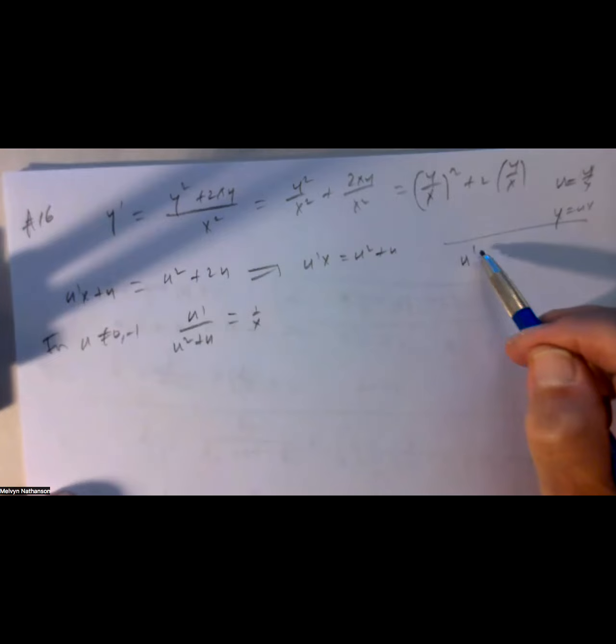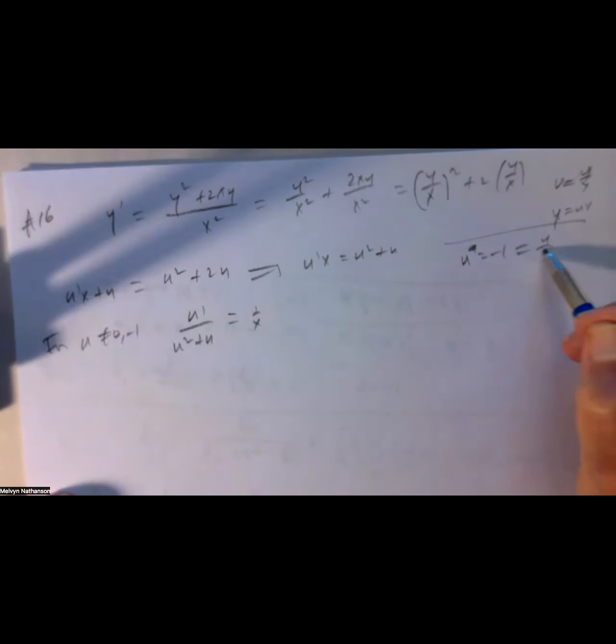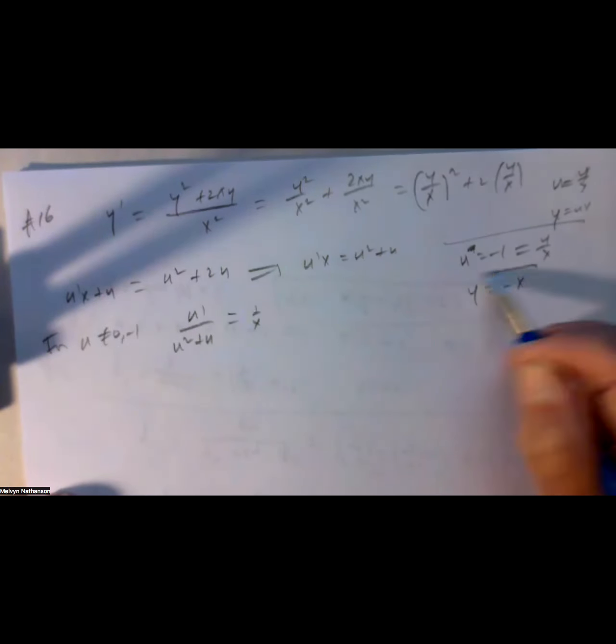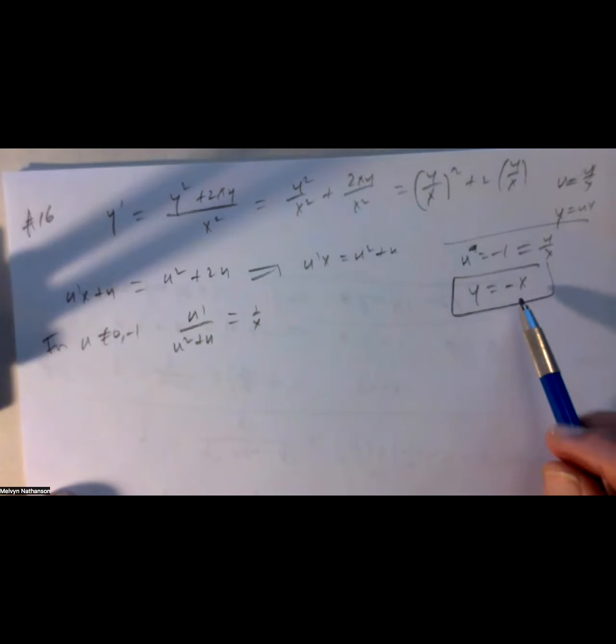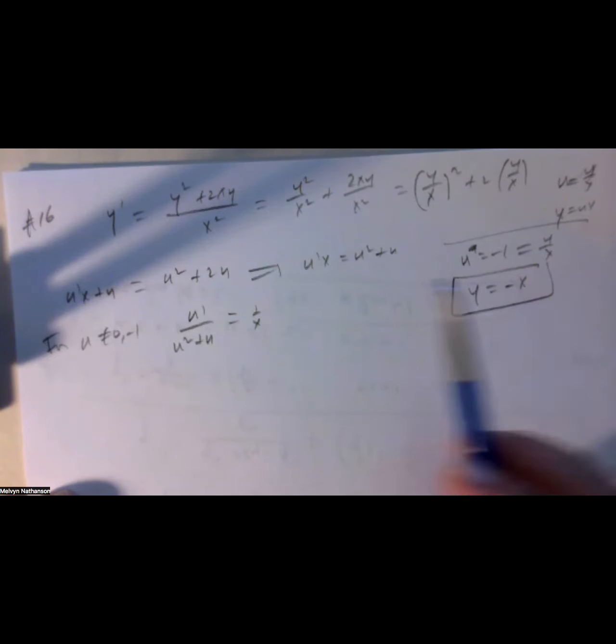Suppose u does equal minus 1. That means y over x is minus 1, so y equals minus x. And you can check, y equal minus x is a solution of this differential equation. x different from 0, you can't divide by 0.